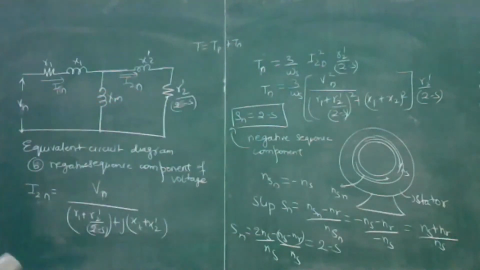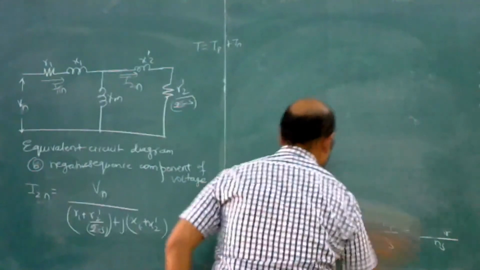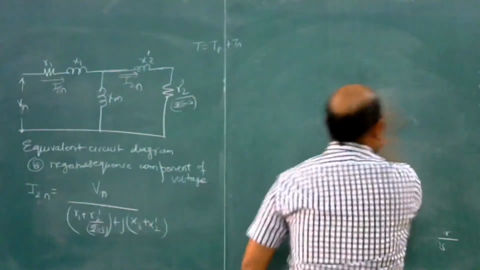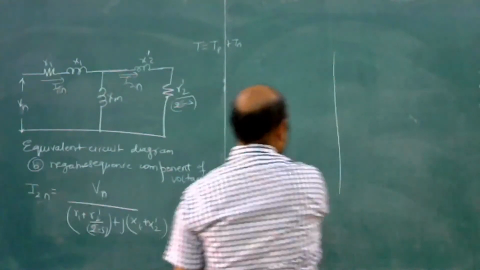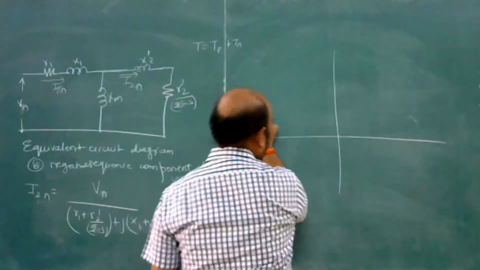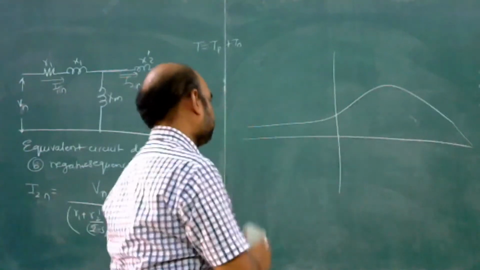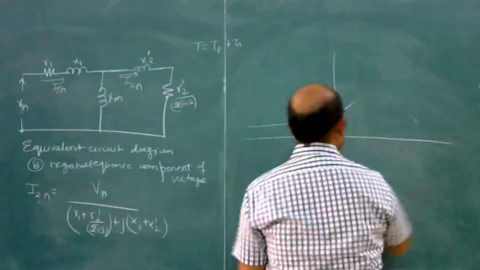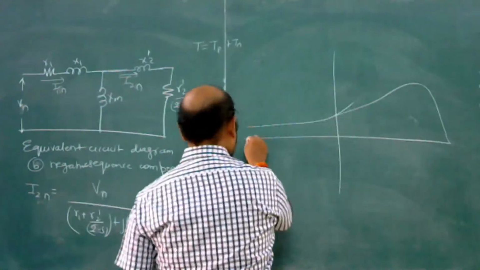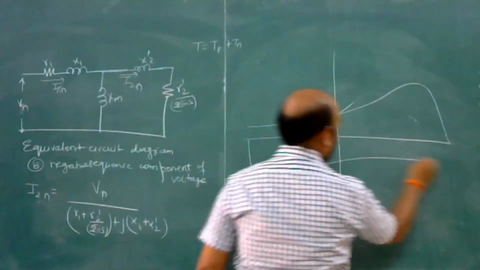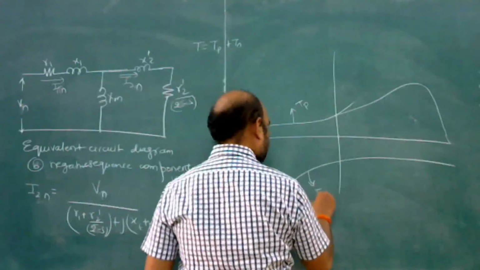Okay. So we can draw its speed torque characteristics, torque slip characteristics. This will be similar to the torque slip characteristics of an induction motor. This is TP and this is TN.